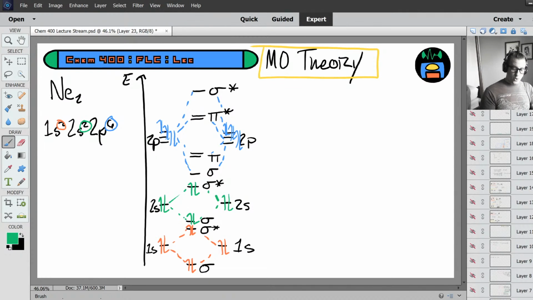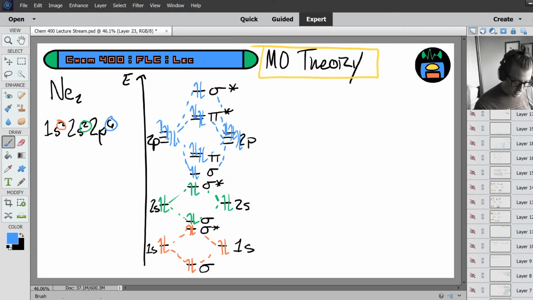Finally, for our 2p subshell, we have 6 electrons in 1 neon, so that's 12 electrons total. Our first 2 go into sigma. Our next 4 occupy our pi bonding orbitals. The following 4 occupy pi star. So let's see, that's 10. Our last 2, therefore, have to occupy sigma star.